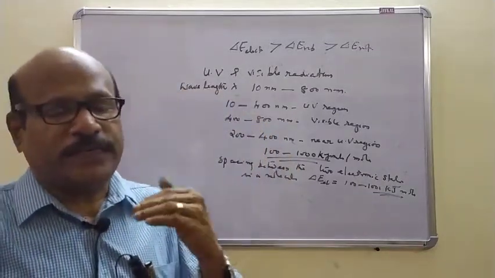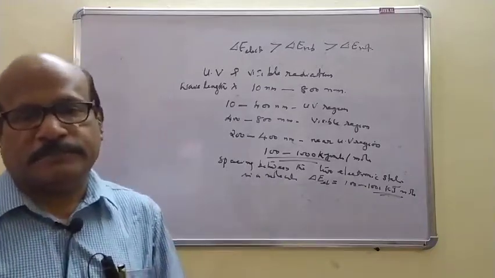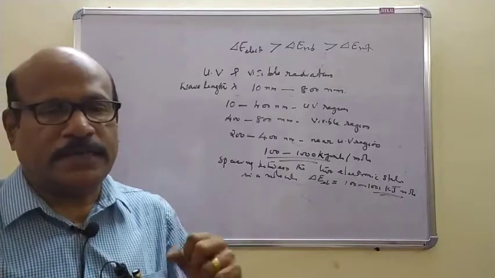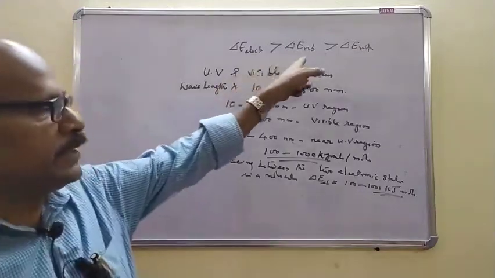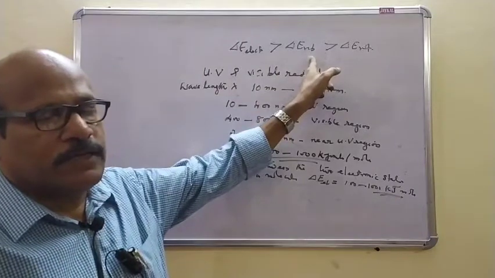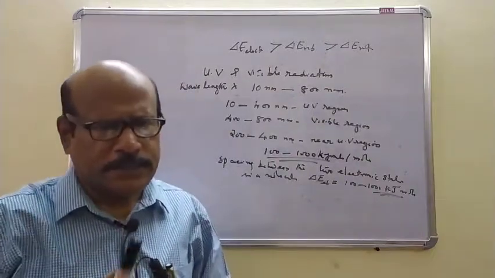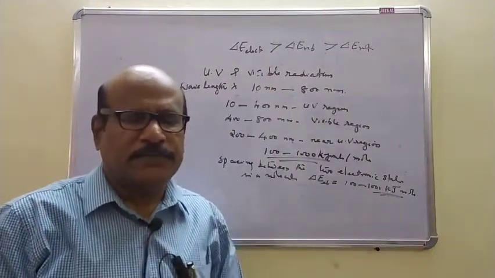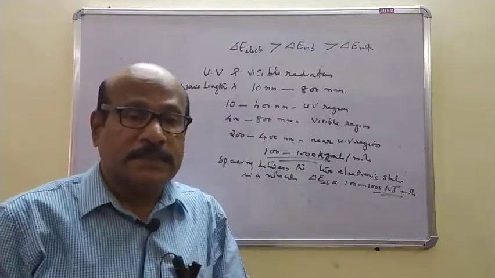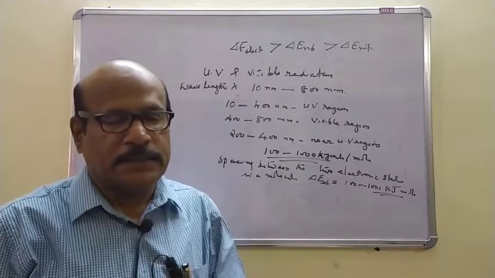So when we carry out an electronic transition in any molecular system by the absorption of UV and visible radiation, it is automatically accompanied by vibronic and rotational transitions. That's an important fact we have to remember. All electronic transitions are simultaneously accompanied by vibronic and rotational transitions.